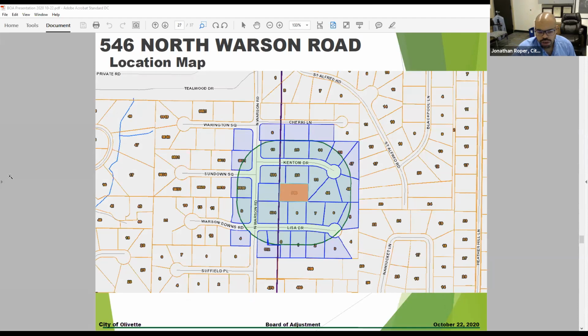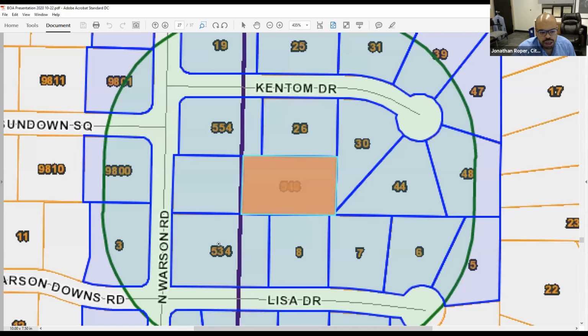And staff will just note where the letters of approval and disfavor are. 534, just to the bottom left of the square, is the approval letter. 8 Lisa Drive did submit the letter not in favor. And the accessory structure would be relatively, if you see where the 546 is on that property, just bring it around the property line. It's around in that area there. So just so you're aware. Next slide, please.